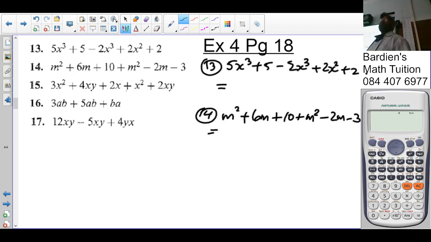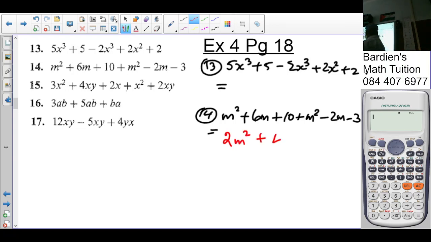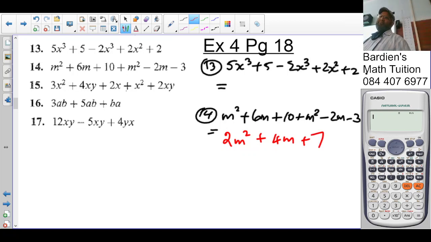Right, who's behind Ilham? Yes, Michael? Number 14. The answer is 2m squared plus 4m plus 7. It's wrong. I said 6. Who got a different answer to that? Put up your hand. What did you get? 2m squared plus 8m plus 7.